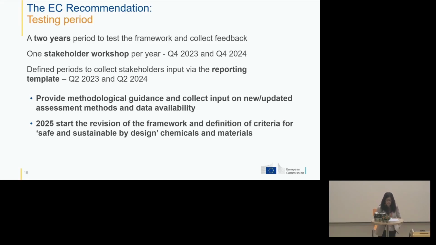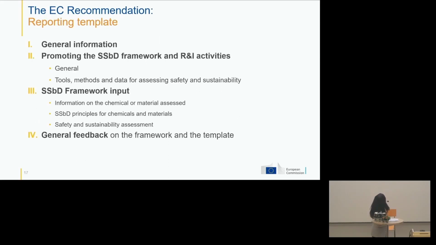And after that, a workshop will be organized end of each year to provide methodological guidance based on the input collected. And after this 2-year testing period in 2025, we will start with the revision of the framework and definition of criteria for safe and sustainable by design chemicals and materials.